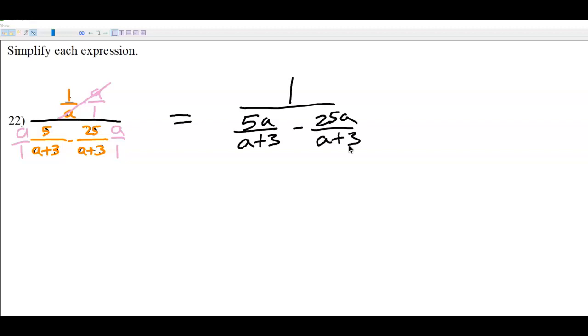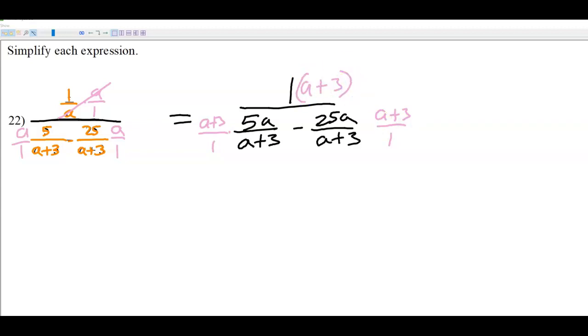Okay? But we're still not done. We still have an infection here of little fractions inside the big fraction. So we need to do some more vaccination here. So what am I going to multiply this guy by to cancel out the A plus 3? A plus 3, right? Just like that. But you're only allowed to do that if you do it everywhere, even on the top.